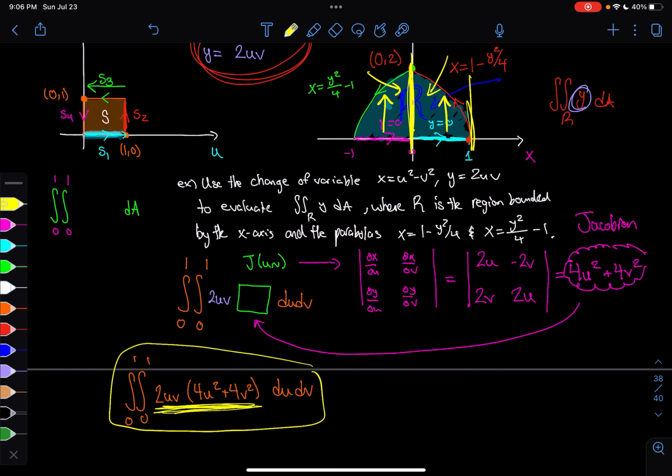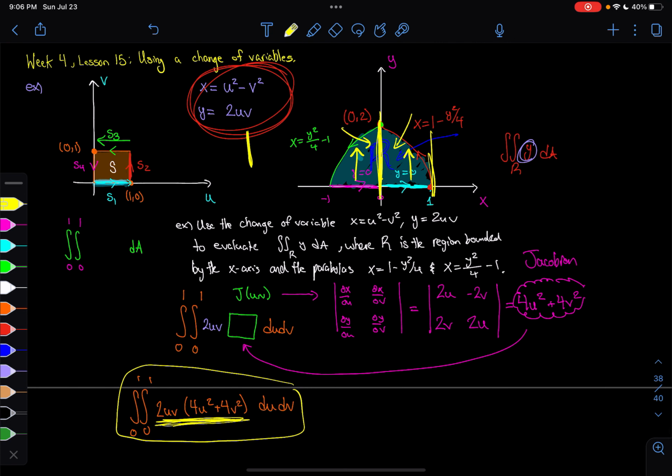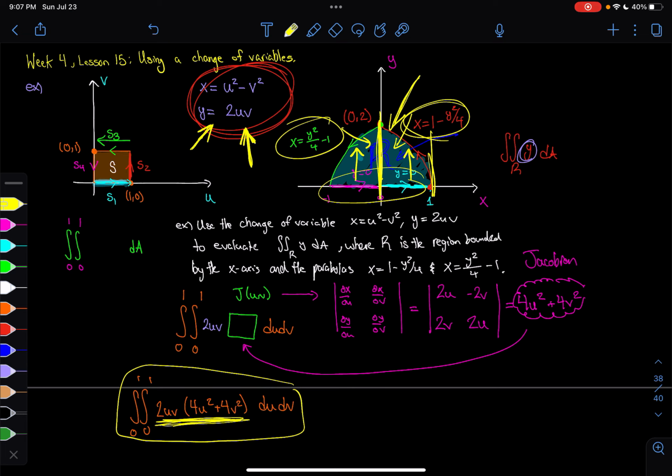We could do it. But if you just discovered that this transformation right here takes every single Hershey's Kiss shape that has 2 parabolas as the bounds and a straight line for the bottom, and you just discovered that if you use this parameterization, this change of variables, then you always get to set up a double integral with bounds from 0 to 1, and you always get the Jacobian, which is 4u squared plus 4v squared, and all you have to do is change your variables from y into 2uv or from x into u squared minus v squared.